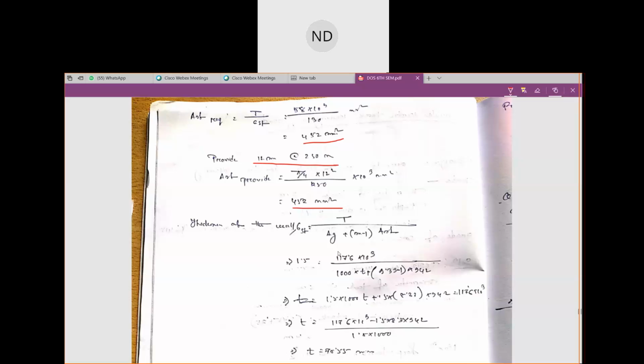Ag, the gross area, we have taken it to be 1 meter, 1000, that's why m minus 1.